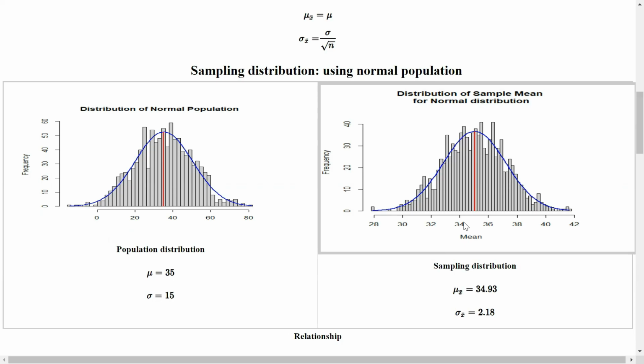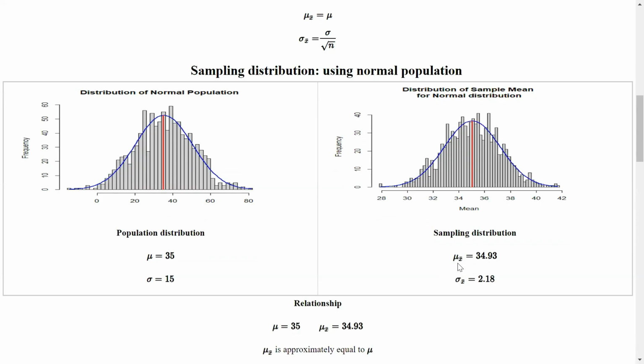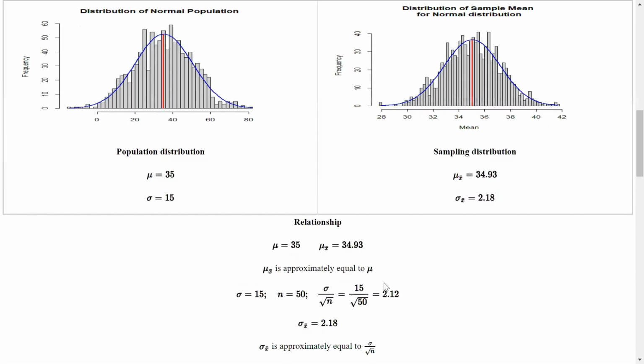We know that the population parameters are mean mu equal to 35 and standard deviation sigma equal to 15. Let's compute the mean and standard deviation of this sampling distribution, that is, the mean and the standard deviation of the 10,000 sample means. These are given here. Mu x bar equals 34.93 and sigma x bar equals 2.18. Regarding the relationship, we see that the population mean is approximately equal to the mean of the sampling distribution.